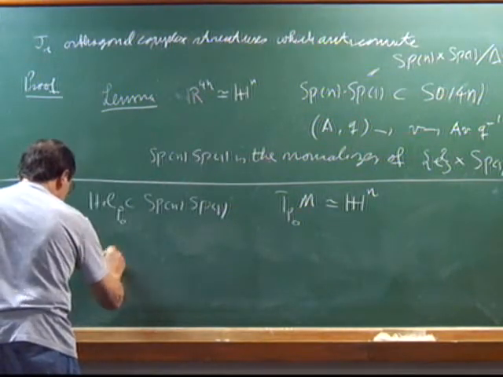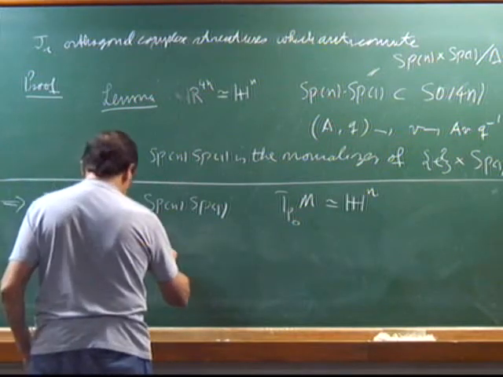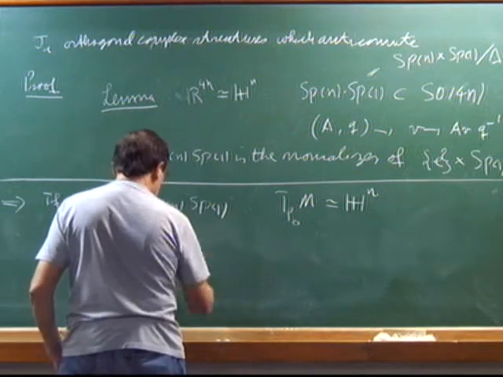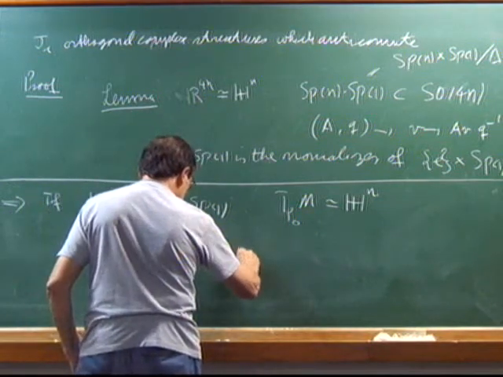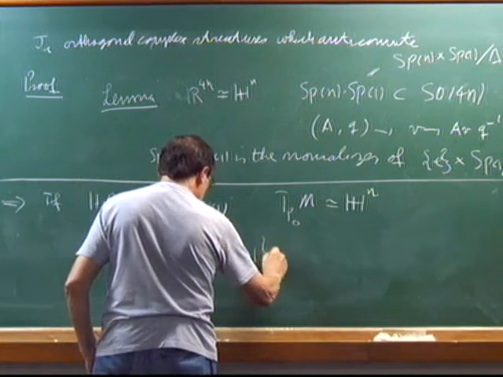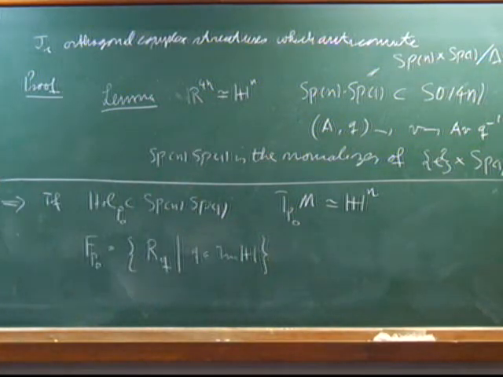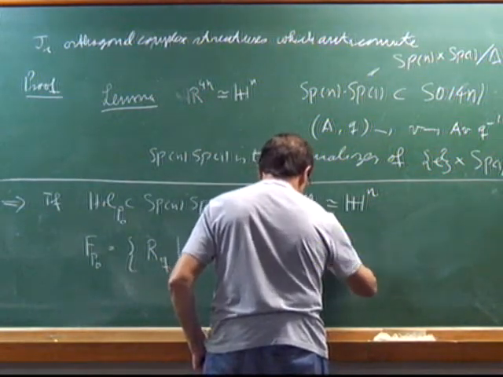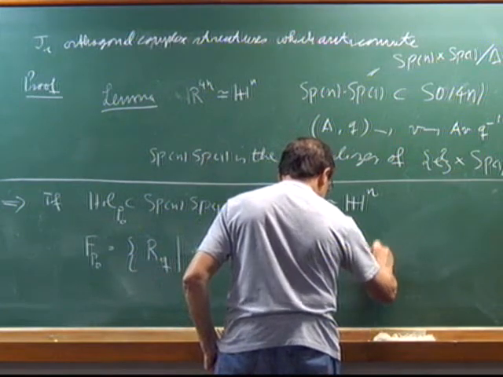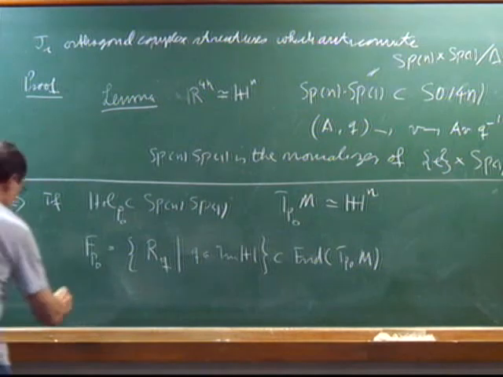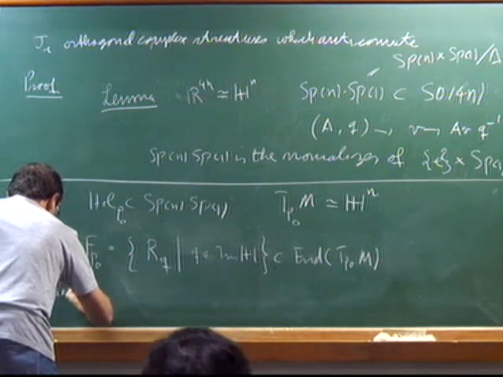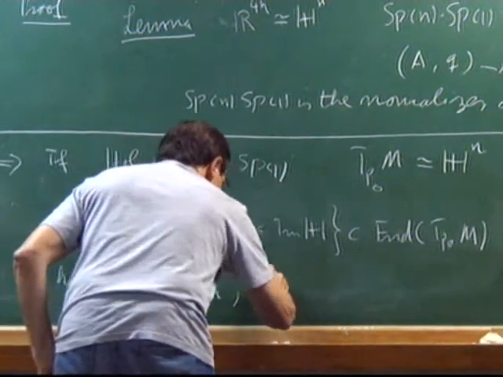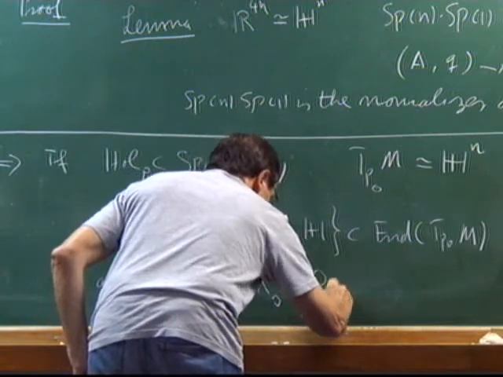Define F at P naught, my three-dimensional bundle, by right multiplication by q, where q is an imaginary quaternion. That's a three-dimensional space sitting inside the endomorphisms of T at P naught M. And this has a basis: right multiplication by i, right multiplication by j, right multiplication by k.